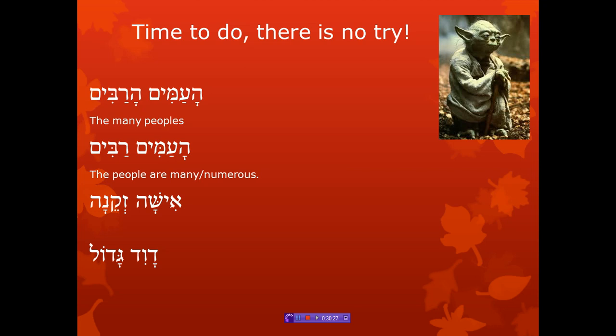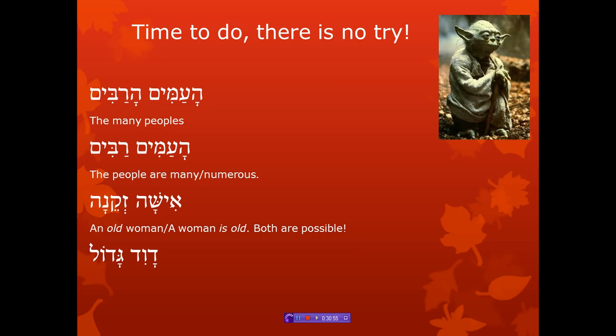Isha zakena actually fits the bill for both attributive and predicate adjectives. And in fact, that is the case. This phrase can be translated as either an old woman or a woman is old. Both are possible. So there's some ambiguity there, but in most cases, the context in which you're reading will permit you to determine which of the two it actually is.